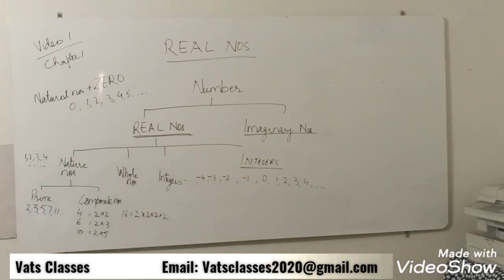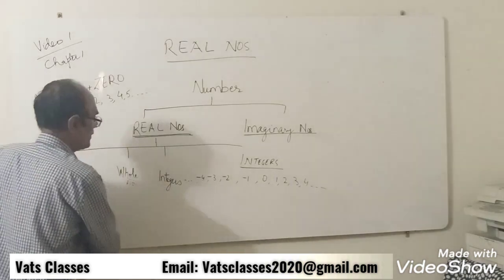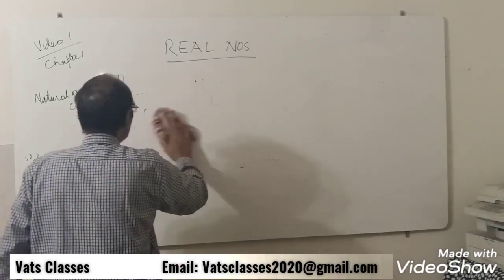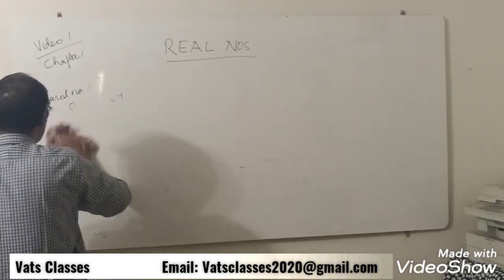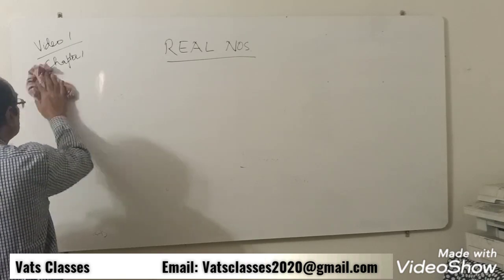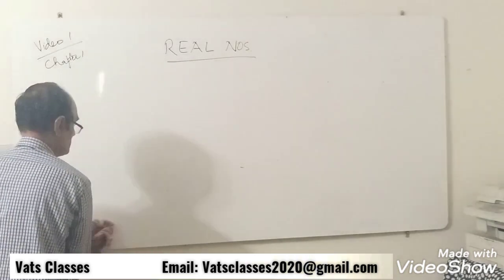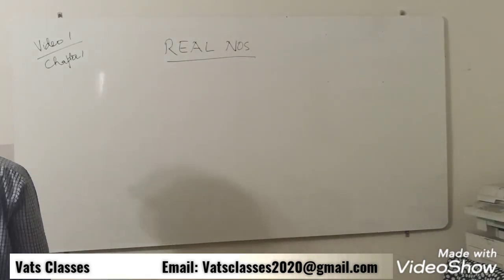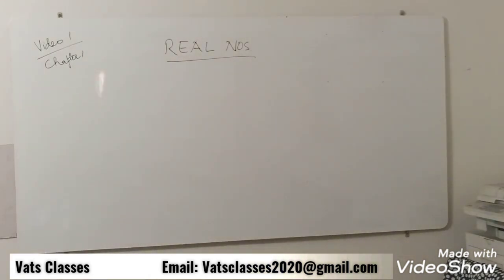Now, you were introduced in class 9th to two types of numbers, rational numbers and irrational numbers.